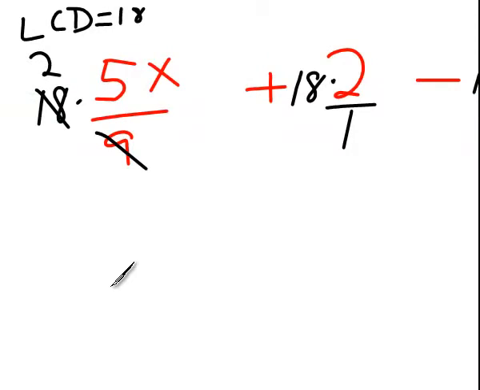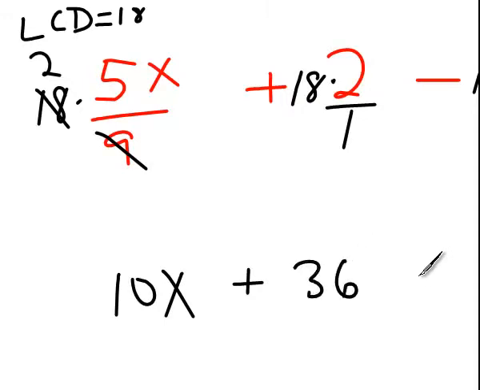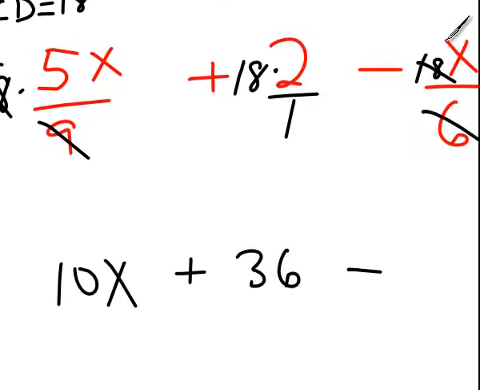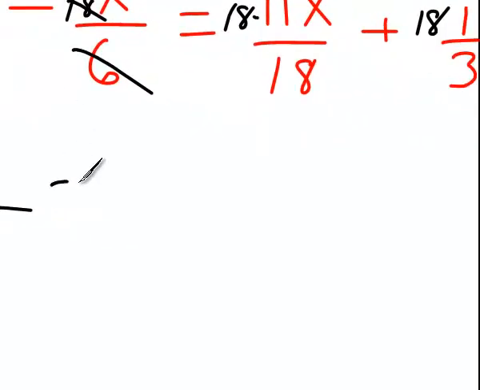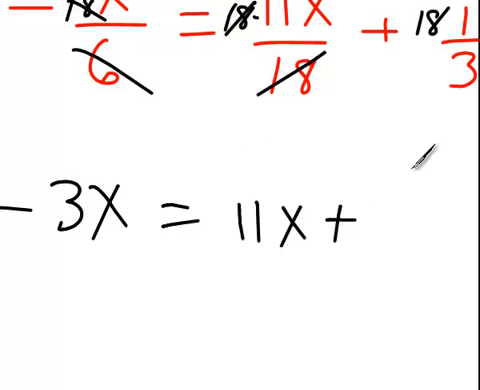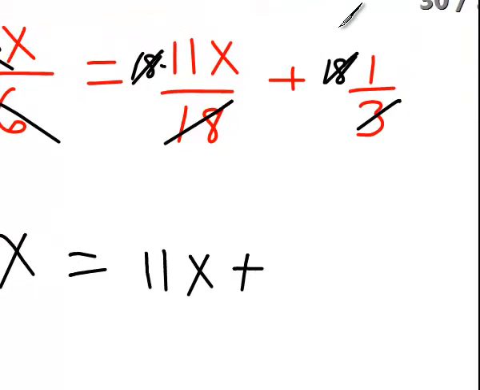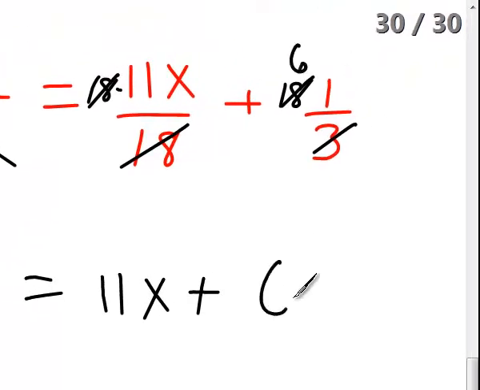So that's 2 times 5 is 10x. 2 times 18, 36. 6 can go into 18 3 times, so that's minus 3x. Here the 18s cancel, and you get 11x. 3 and 18, 6 times 3, so that'd be plus 6.